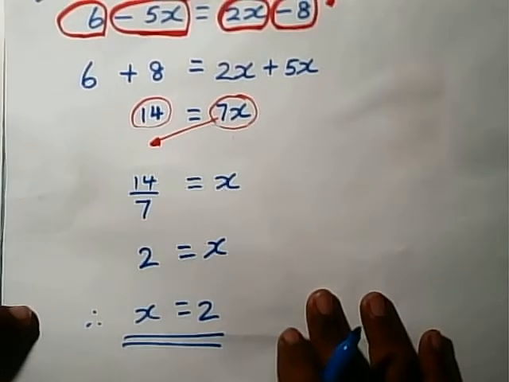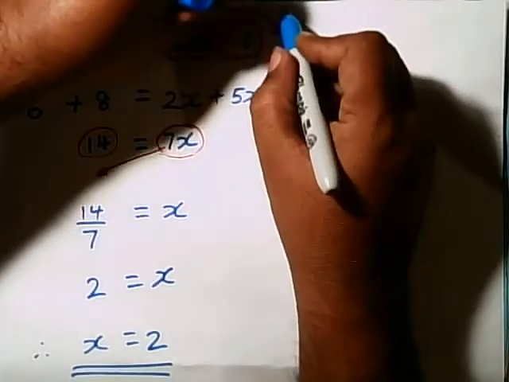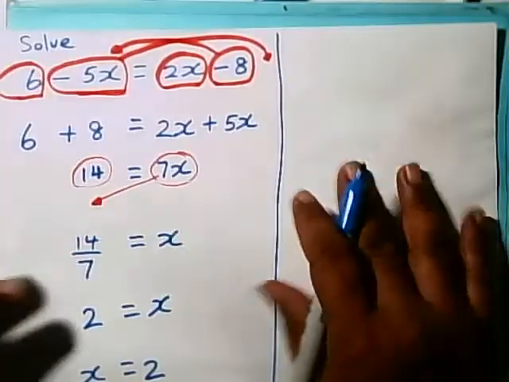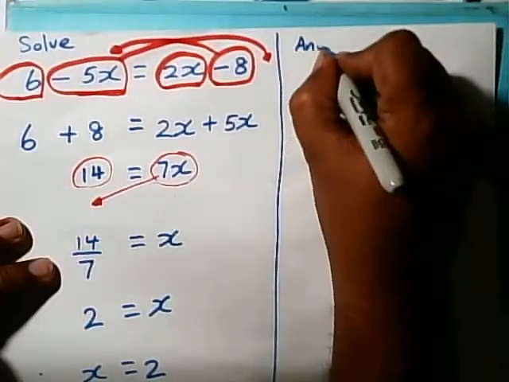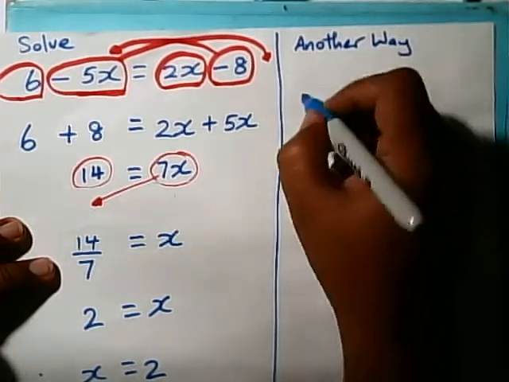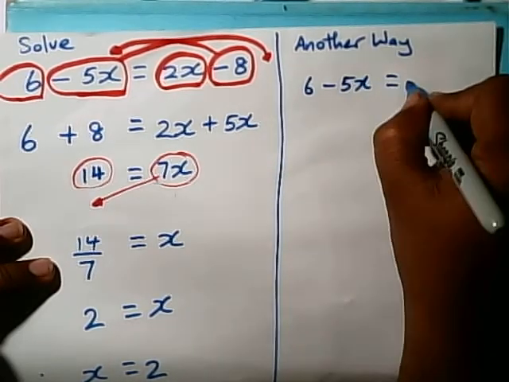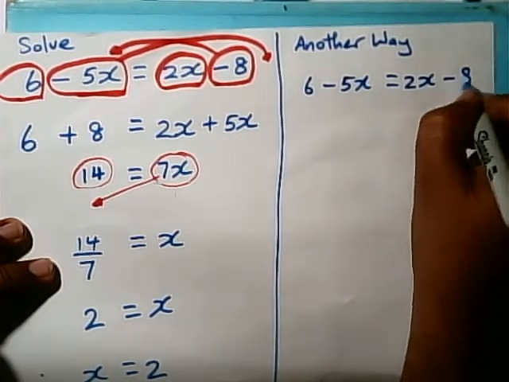Another way to do it, here's another way. Let's draw a line here. We have 6 minus 5x equal to 2x minus 8.